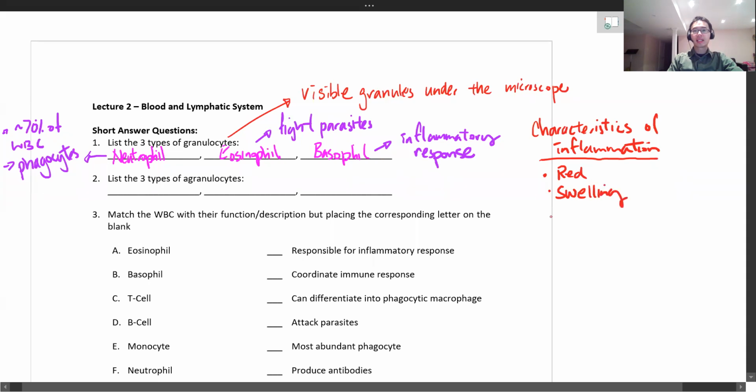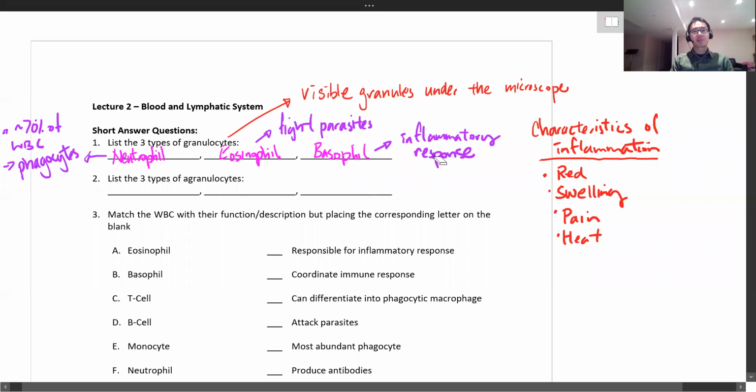There's going to be swelling. There's going to be pain. And then there's going to be some heat to it. So all these are characteristics, hallmarks of inflammation. And for the most part, they are brought on by this thing called basophil. Okay, and we will actually learn another cell later on that relates to basophil, and it's also going to play a role in the inflammatory process.